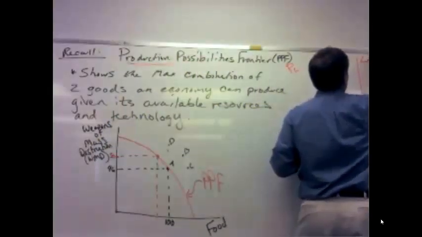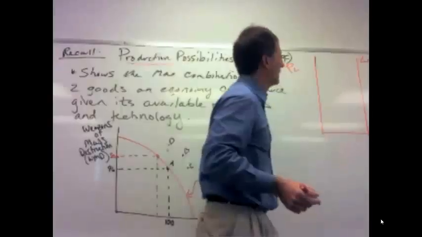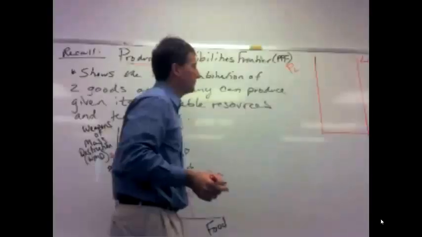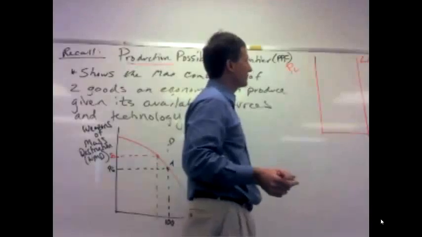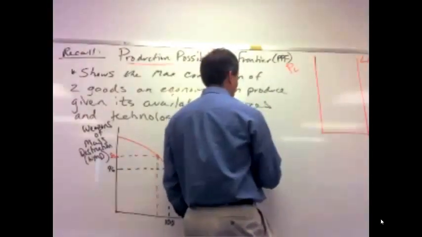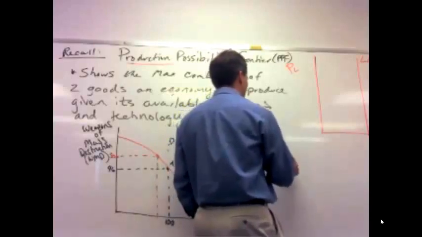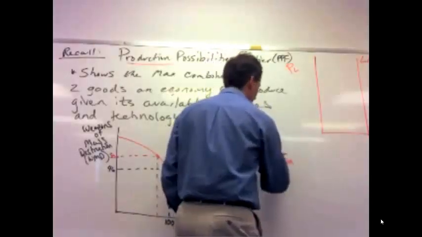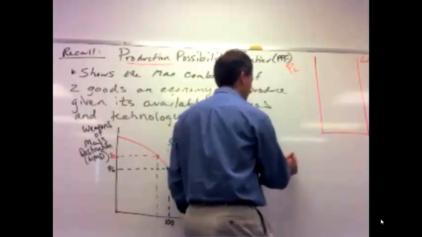And this is the long-run aggregate supply curve. So long run, I guess I can do a little R and use that notation.